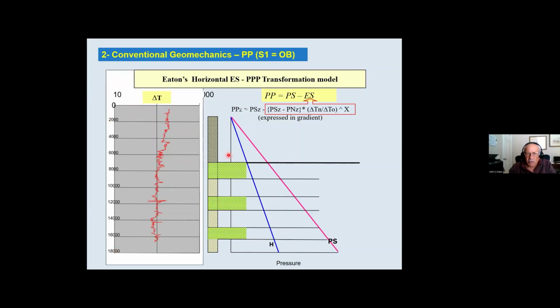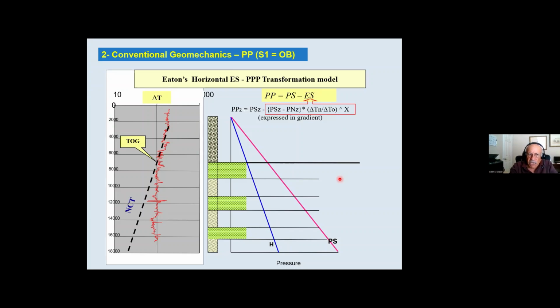If I take this and build up a little model, here is the equation Eaton came up with, the effective stress, using delta T to express the effective stress and the pore pressure, instead of the cylinder of Terzaghi shown on the previous slide.